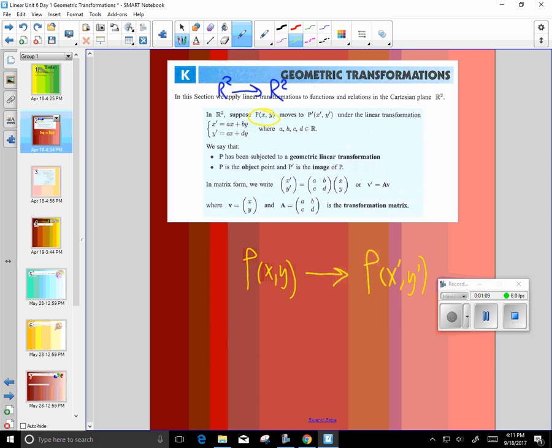Now what's cool about this is that this new x' is just going to be some manipulation of x and y. The new y' is going to be some manipulation of x and y. So what are you manipulating?